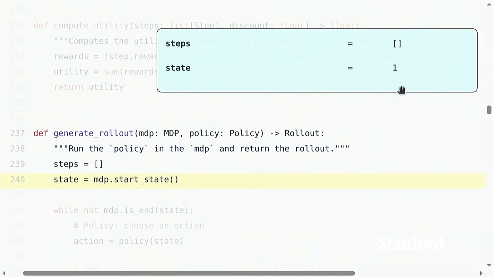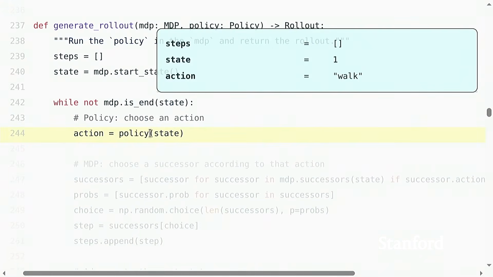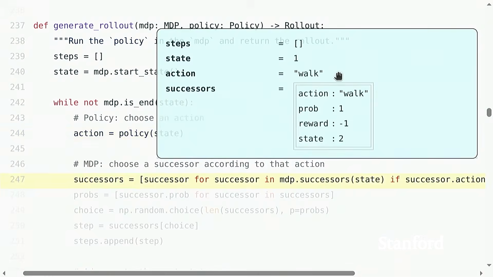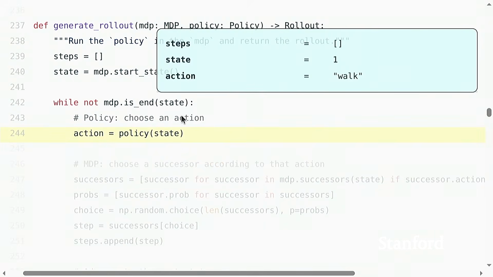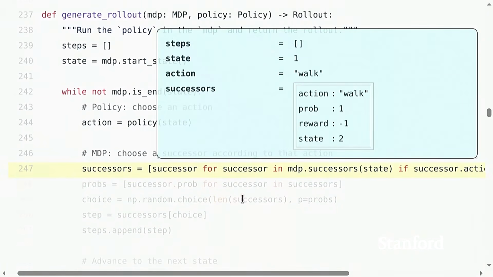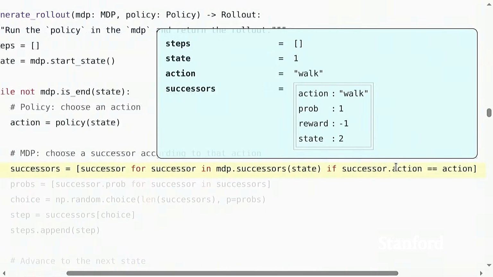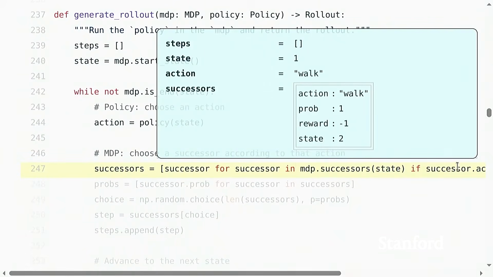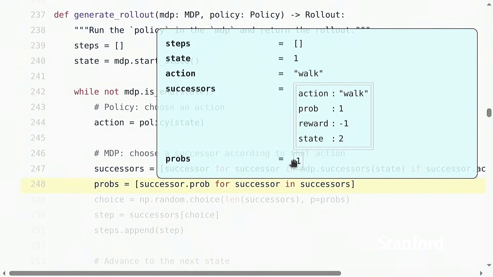So I start with state 1, and while I haven't reached the end state, I'm going to choose an action, in this case walk, because it's the always-walk policy after all. The policy chooses the action. What does the MDP do? The MDP is responsible for actually choosing the successor according to that action. In this case it's kind of boring. I look at all the successors and only take the ones that have the appropriate action that was chosen, so the subset of successors with this action. I look at the probabilities. There's only one, so there's only probability 1.